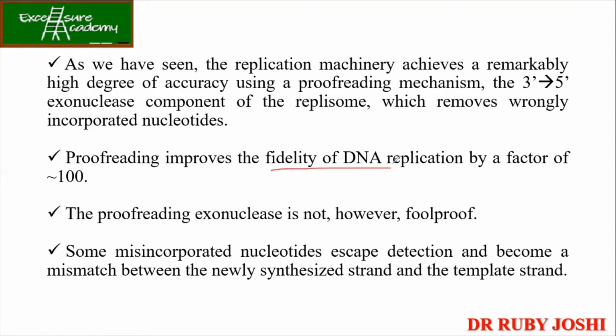Fidelity का मतलब क्या होता है? DNA replication के ऊपर आप कितना भरोसा कर सकते हो, right? So it is improving 100 times, but however, it is not a foolproof mechanism. कुछ ना कुछ error जो रहते हैं वो escape हो ही जाते हैं, ठीक है?